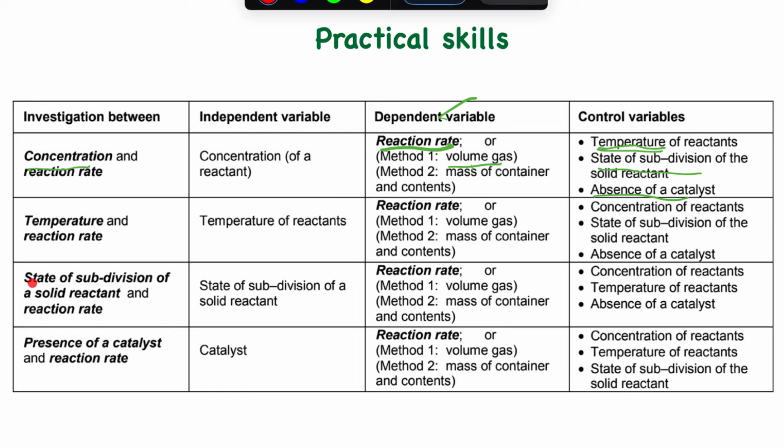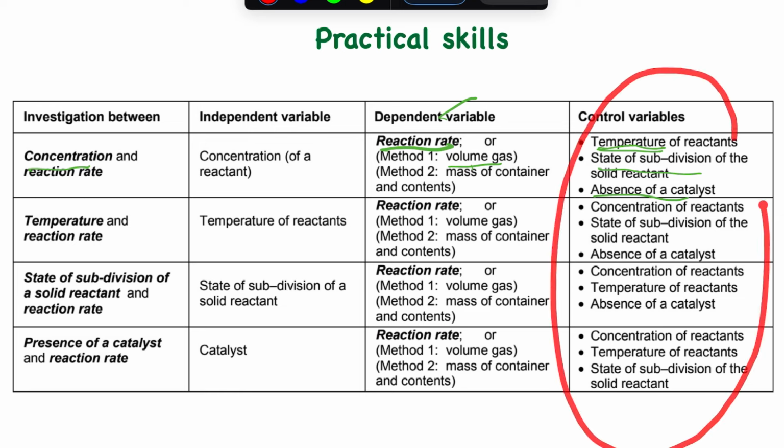Now if you're investigating between the surface area and the rate of reaction, the independent variable will be the surface area, and the dependent variable will be the rate of reaction. Catalyst will be the independent variable, and then the dependent will be the rate of reaction.